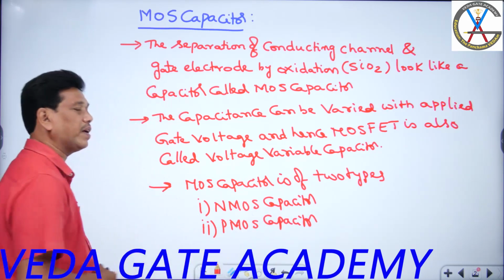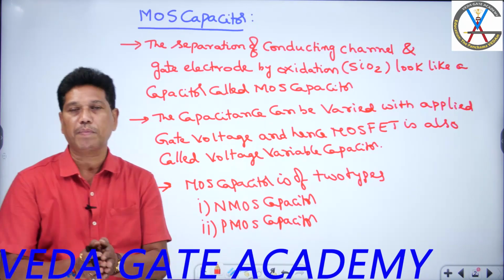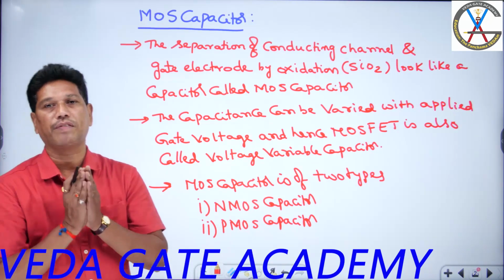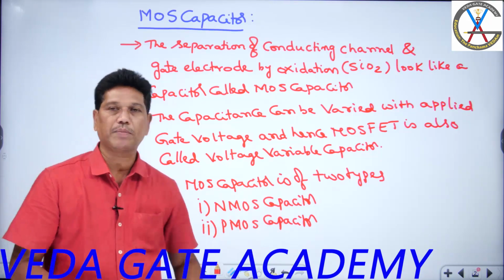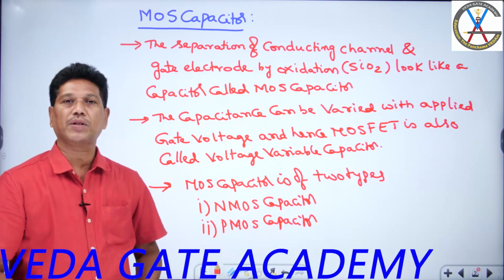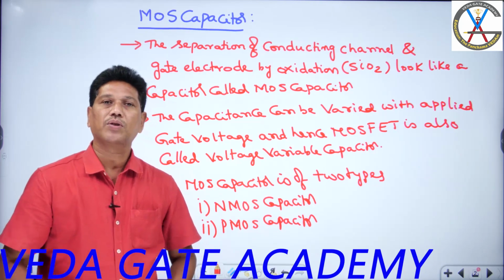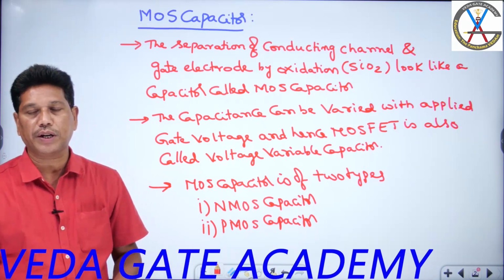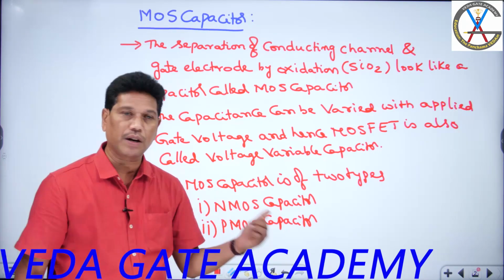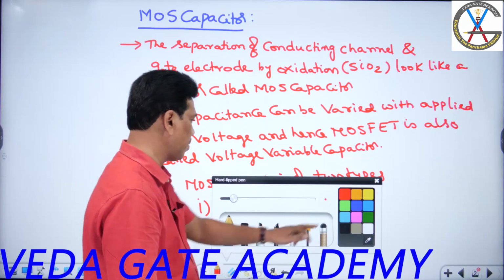Sir, the structure of the Nmos capacitor and Pmos capacitor are both the same, just the type of substrate is different. An Nmos capacitor uses a P-type substrate, students, whereas a Pmos capacitor uses an N-type substrate. Confirm now, students?